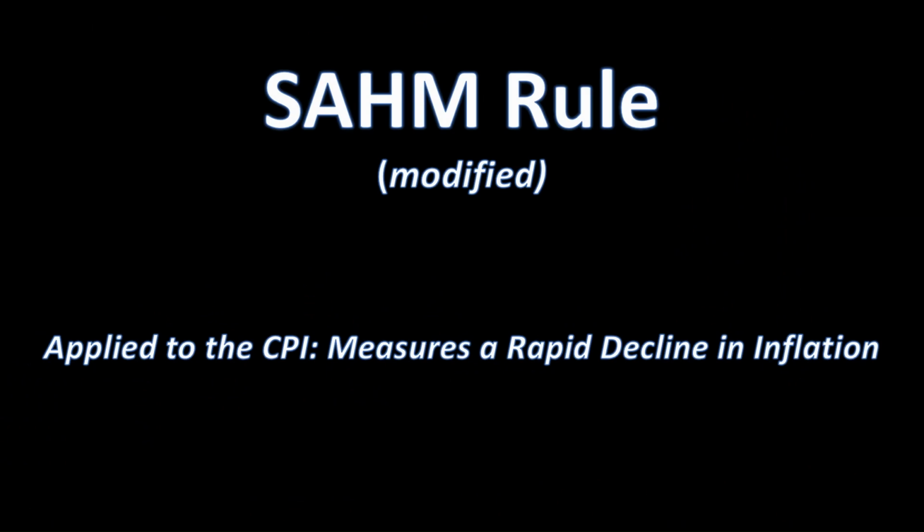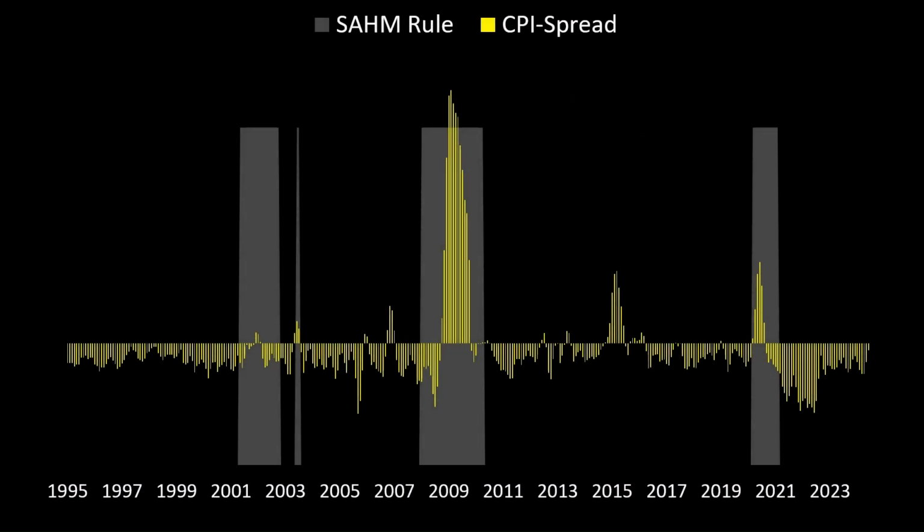Now, in this case, what we're doing is measuring a rapid decline in inflation. Inflation's coming down, prices are coming down. But what happens when prices go down very, very quickly? That can be a sign of a recession. Well, in yellow, we have the CPI spread. What is that? We're going to define it for you in just a moment.